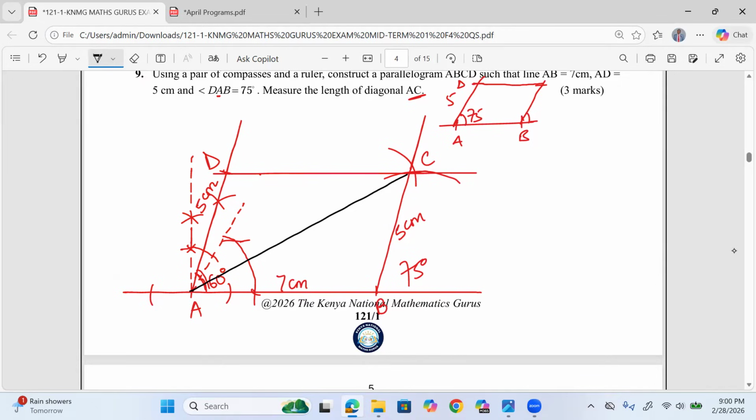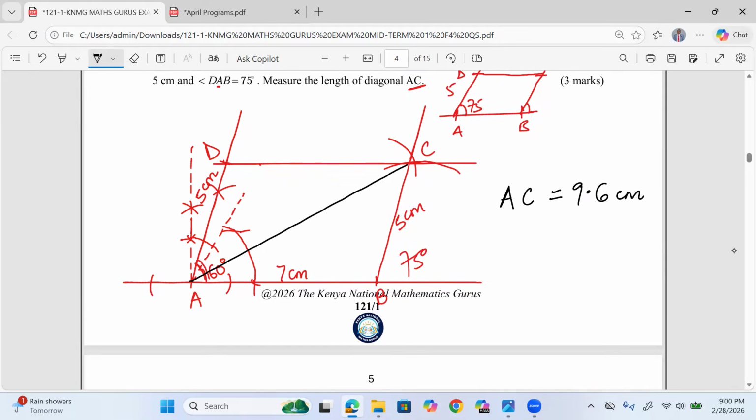You use your divider to stand at point A, and open it to C. And after opening it like that, now you transfer it to your ruler. When you transfer it to your ruler, you shall confirm that AC is exactly 9.6 centimeters. We mark this allowing an error of plus or minus 0.1.